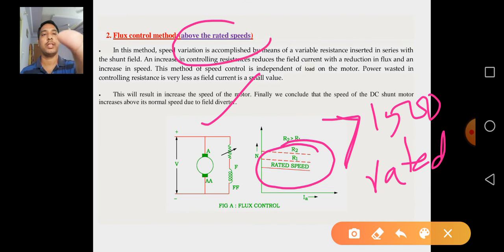So this method is also called above the rated speed control, where I need speeds above the rated speed. So this is the field flux control method explanation.